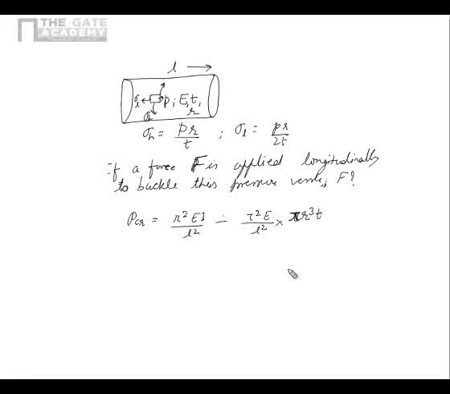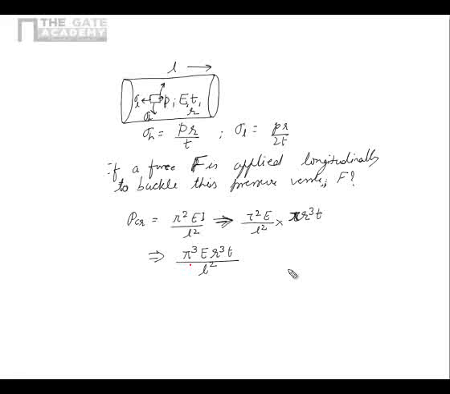So this is the P critical, the critical buckling load, which, if I make it more compact, is like this. This is the critical buckling load.